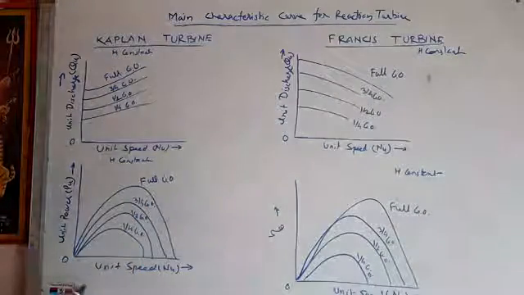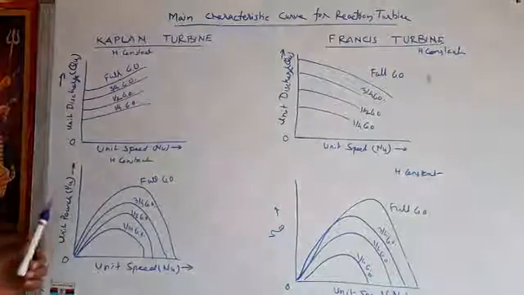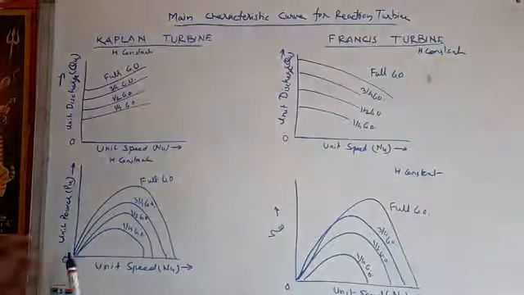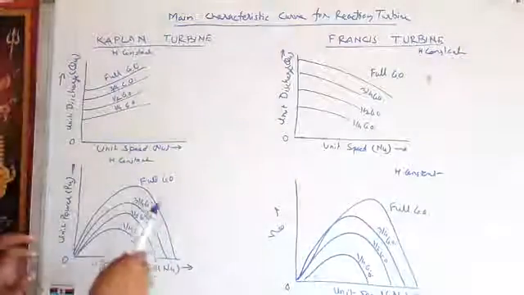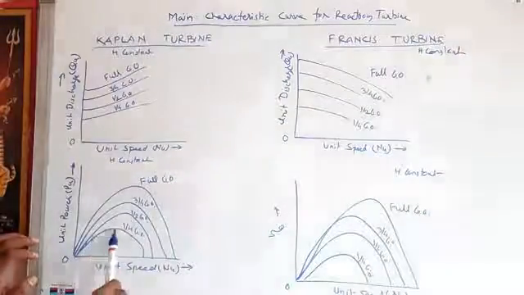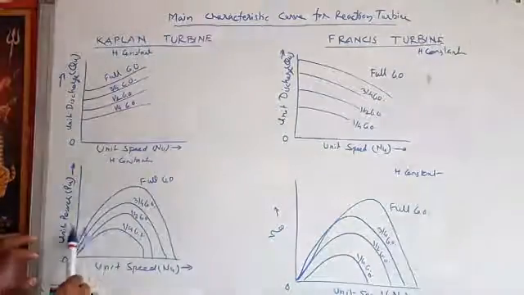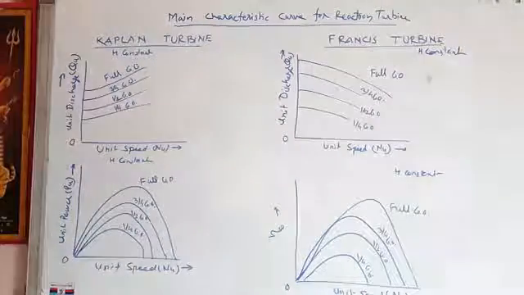Similarly, this graph has been drawn for unit speed with unit power. Here full gate opening is maximum, then 3/4, then half, and at 1/4 gate opening the unit power is minimum.